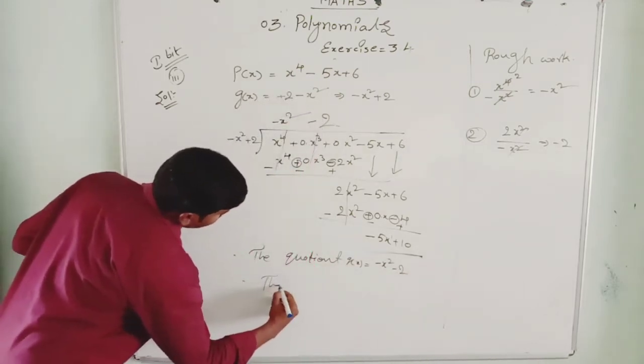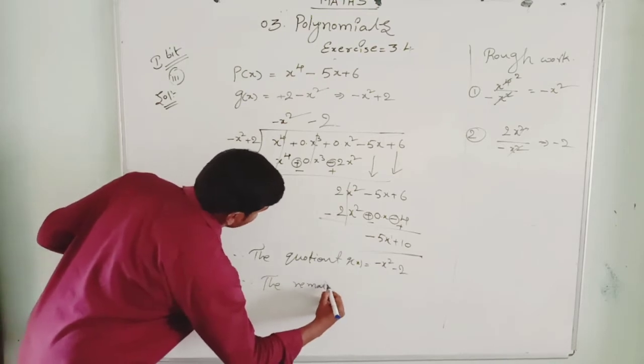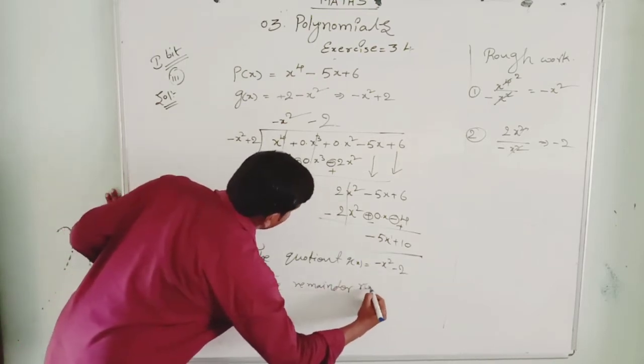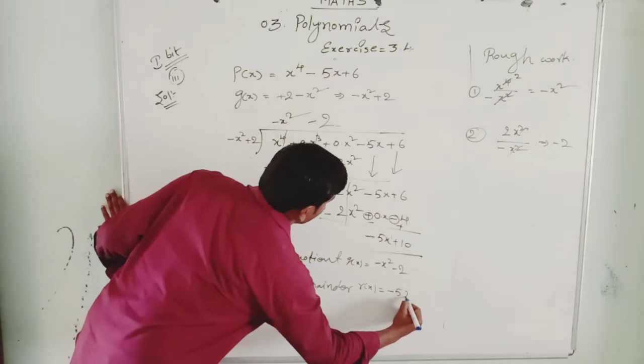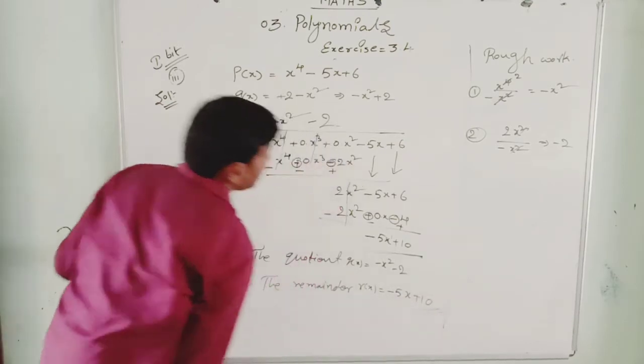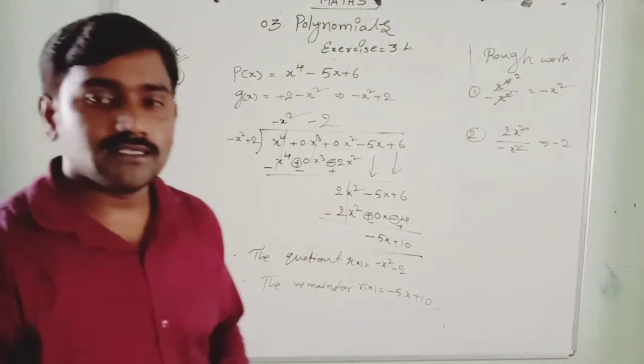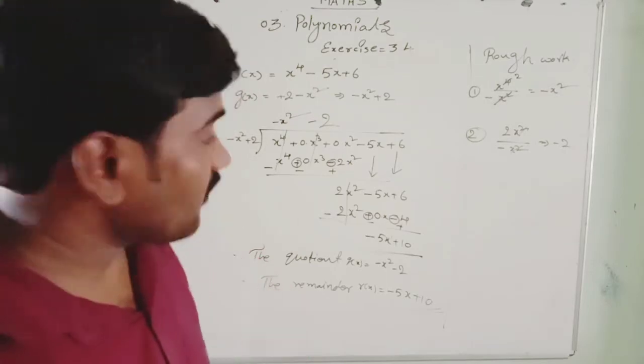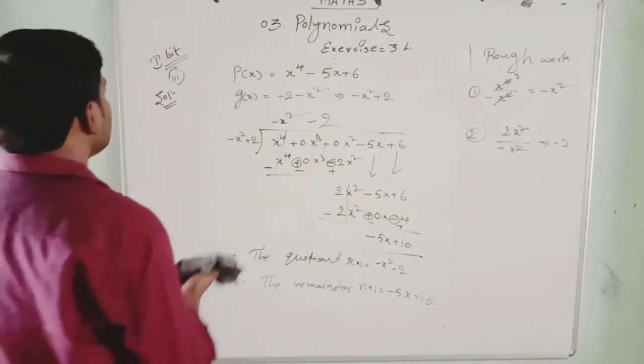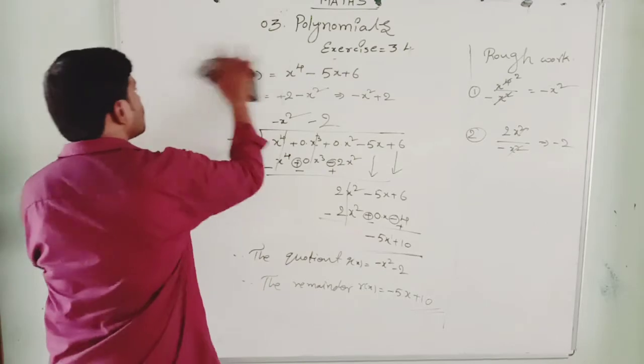Therefore, the remainder r of x is equal to minus 5x plus 10.